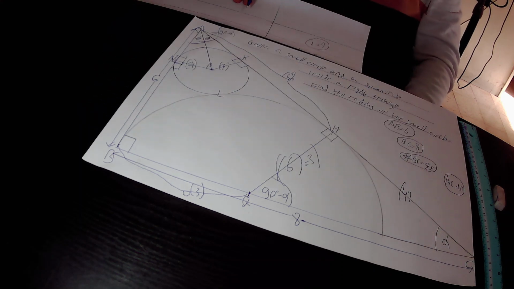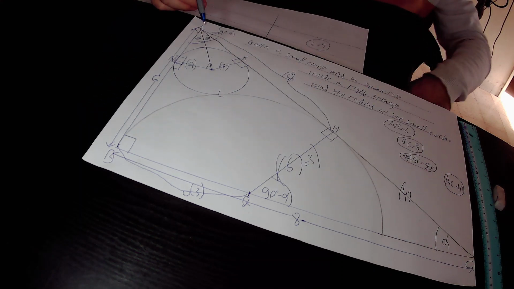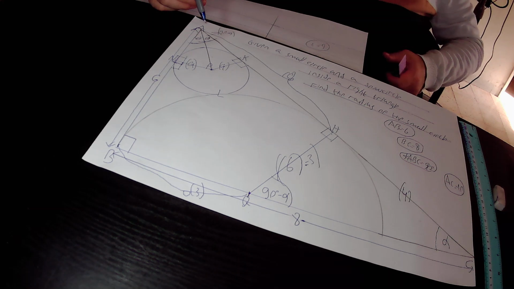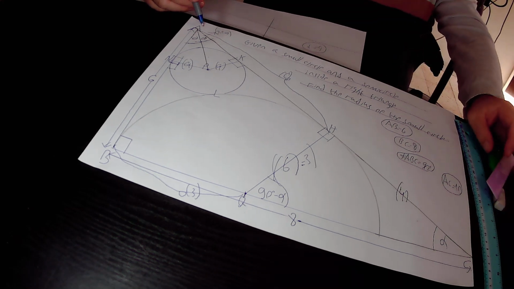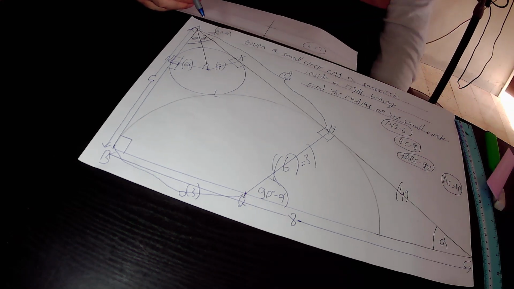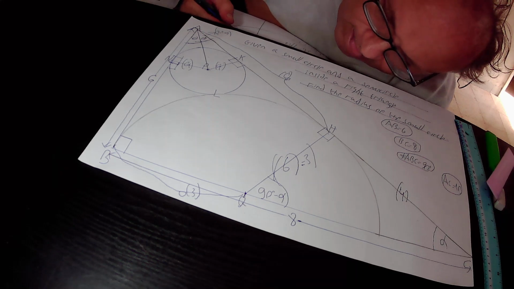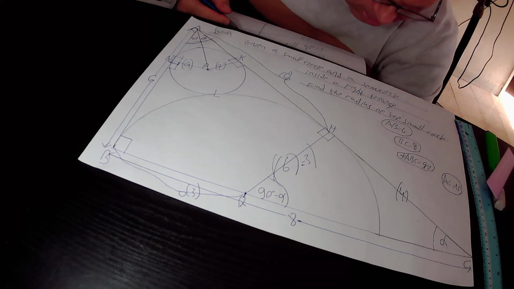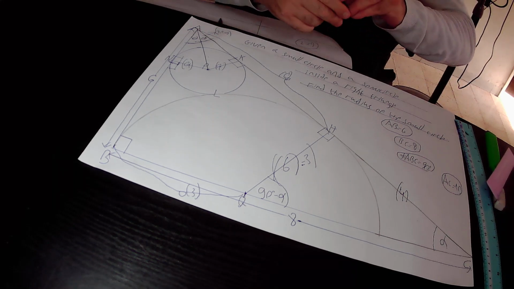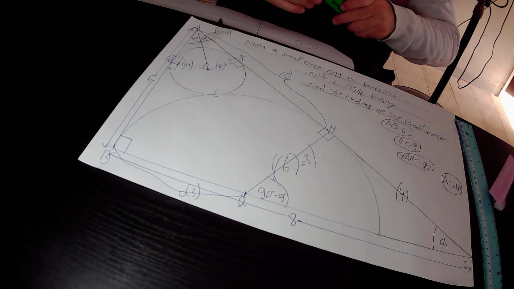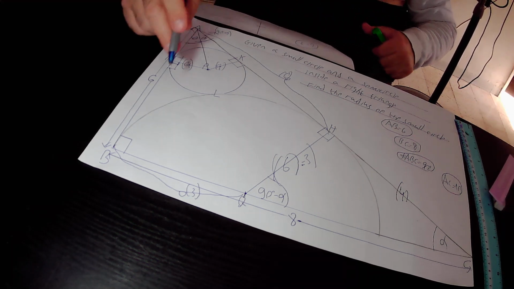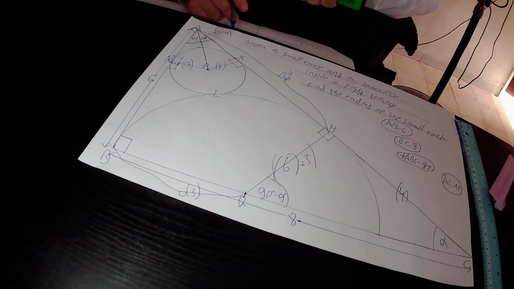We continue to focus on this common external point A. For this common external point A, we have two tangents to the big semicircle, tangent AB and tangent AH.